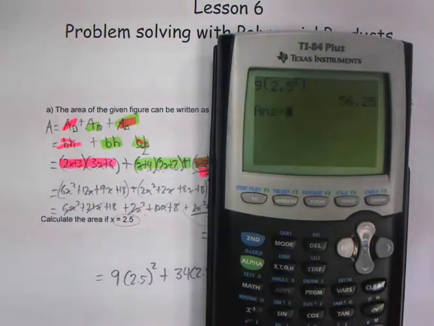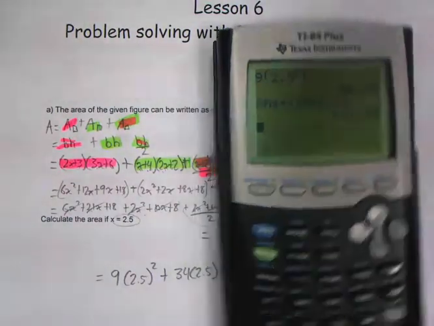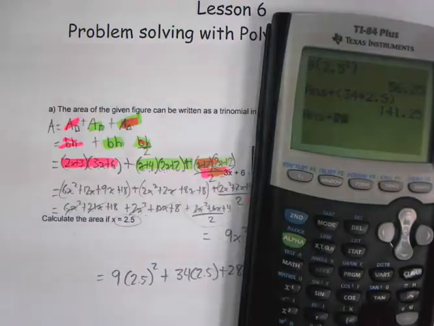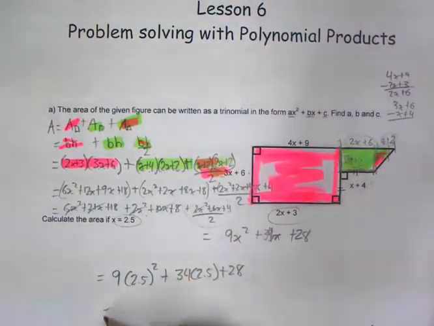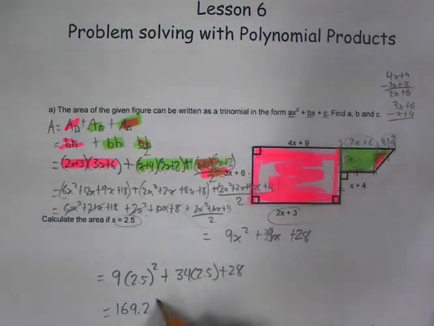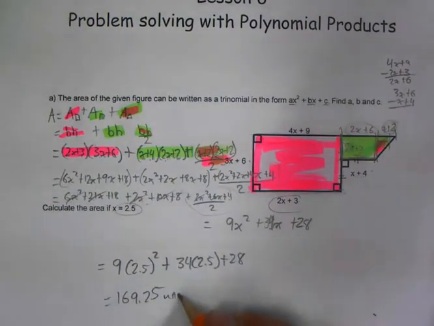Then we want to plus 34 multiplied by 2.5. And then I also want to add 28. And that gives me 169.25 units. And that's units squared because we're looking at area.